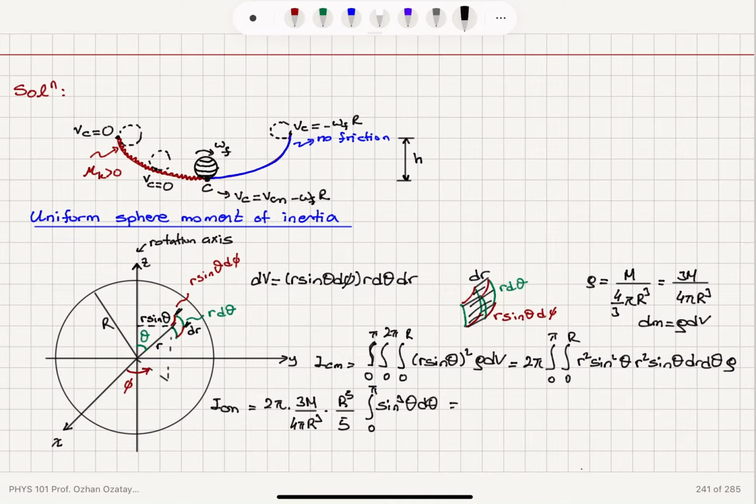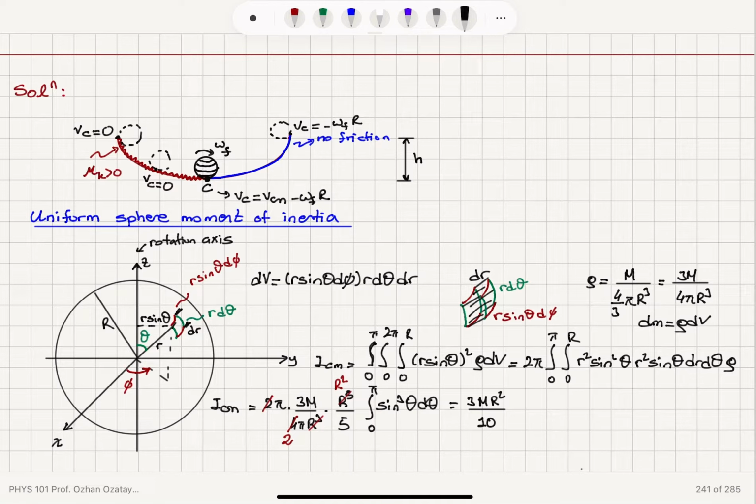So this will give us 3M over 4 pi R cubed times... we have an r cube here. This will make this r to the 5, r squared. And then we will have this 2 making this 4, 2. So we will be left with 3 capital M r squared divided by 10.